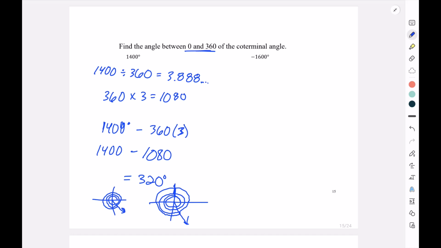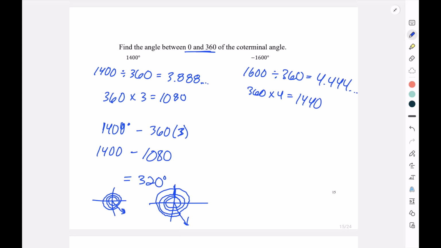So if we have a negative angle, we can similarly do it, but we want to just keep adding to it until we're within the mark of 0 and 360. So I would similarly take 1600 divided by 360, which will give you 4.4 repeating. We can multiply 360 times 4, and we will get 1440.